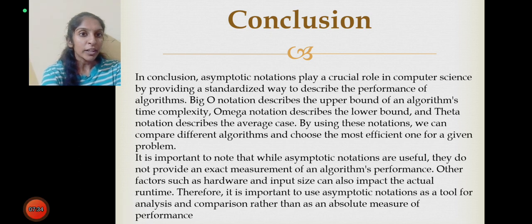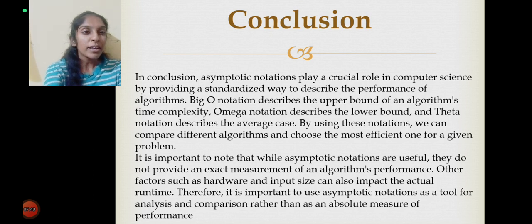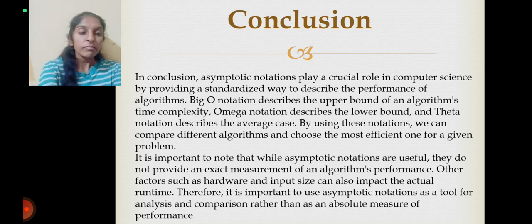Omega notation describes the lower bound and theta notation describes the average case. By using these notations, we can compare different algorithms and choose the most efficient one for a given problem. By using these three notations, we can identify the worst, best, and average case complexities.